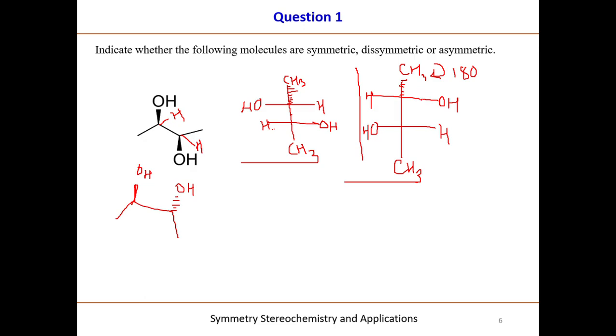But these two molecules are mirror images of each other, and they are non-superimposable mirror images. Superimposable means it should look exactly like the original, but it is not. So they are enantiomers, and enantiomers are molecules which have chirality.